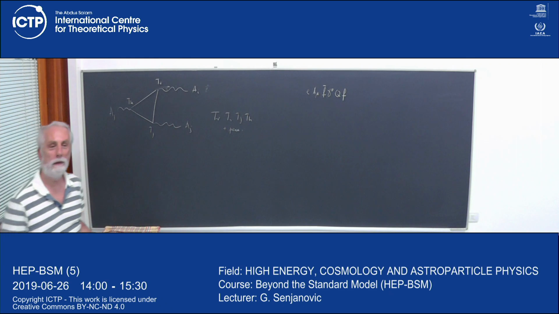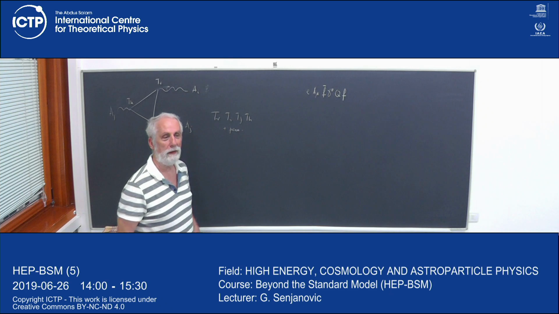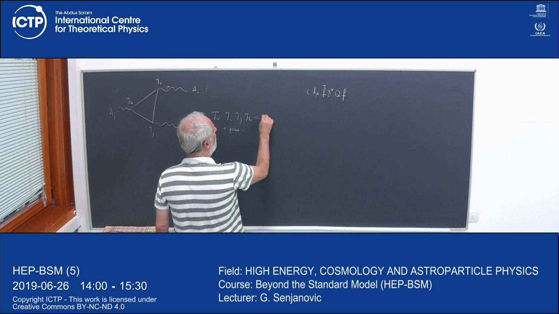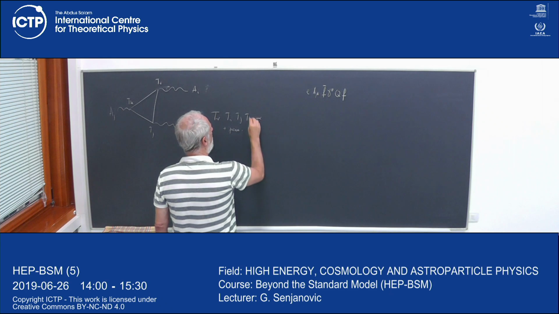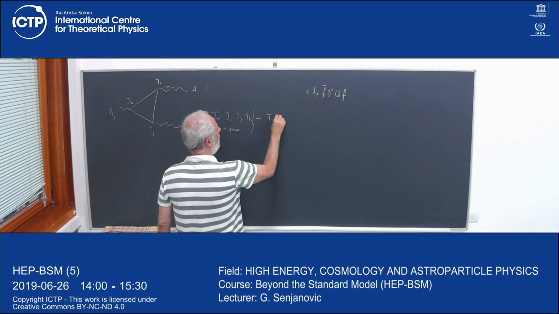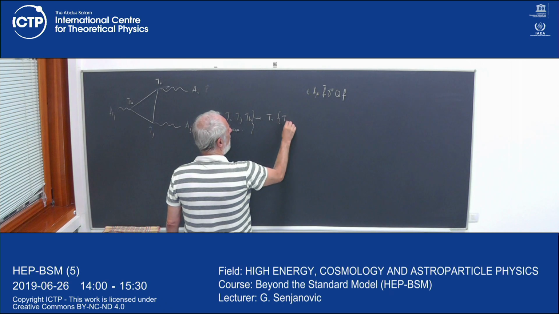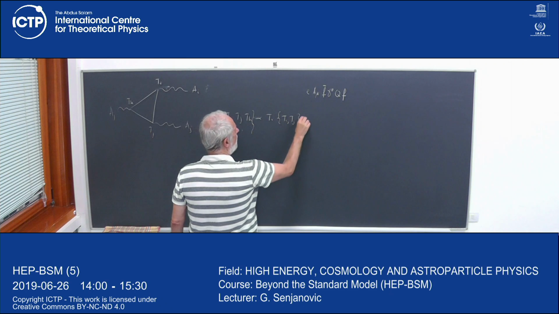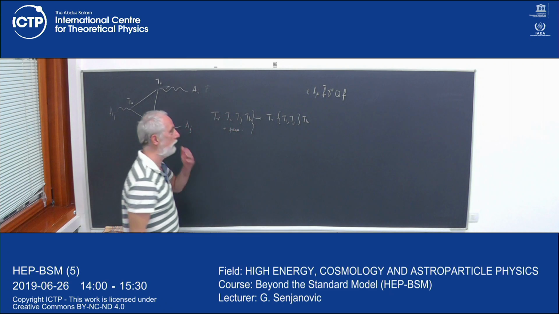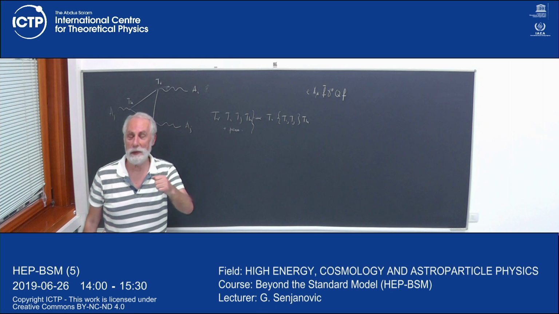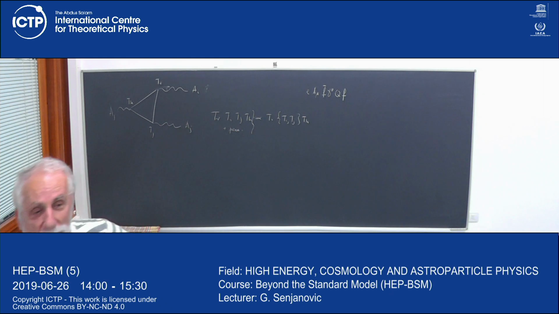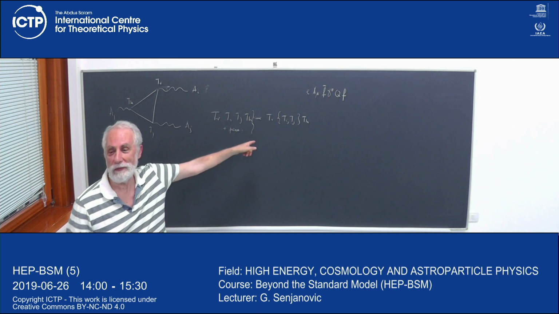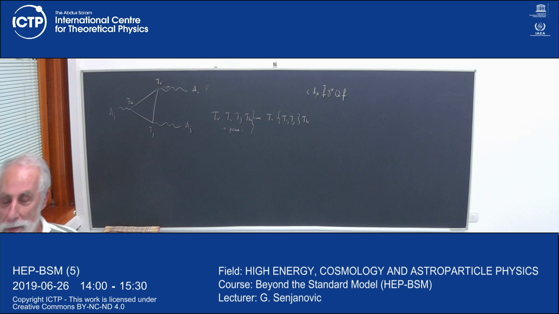But the trace is cyclically invariant, therefore all of this is proportional to trace Ti, Tj, Tk. You can convince yourself as I'm speaking. Just take any other combination, you will see by cyclicity you will bring it there.